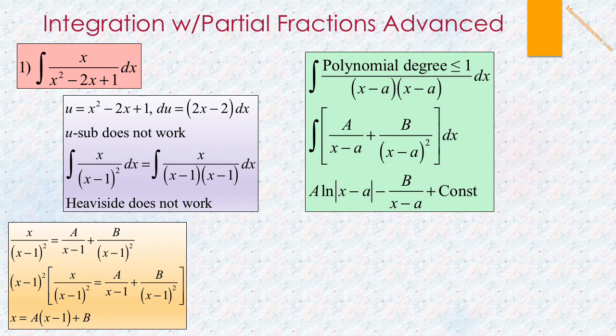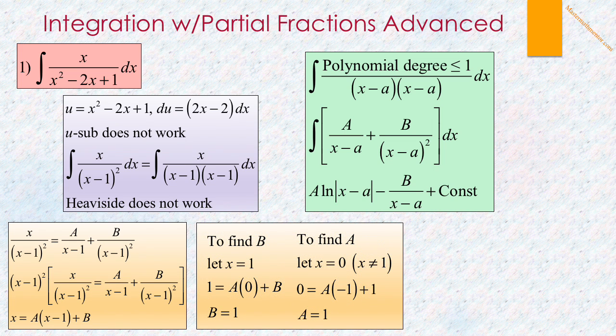So we multiply both sides by x minus 1 quantity squared, and we end up getting x is equal to A times x minus 1 plus B. To find B, we will let x be the number that will cancel out the A. In this case, x is 1. So we get 1 is equal to A times 0 plus B, and therefore B is equal to 1.